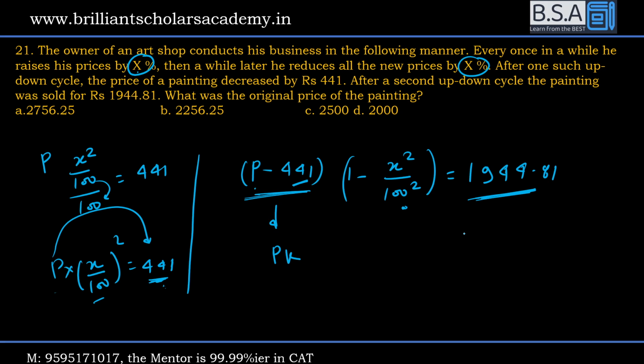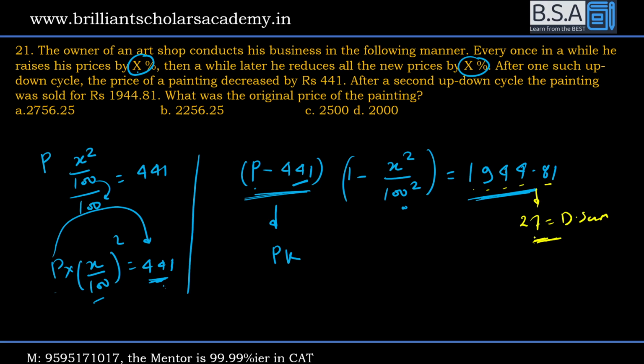The digit sum: 8 plus 1 is 9, 9 plus 4 is 13, plus 4 is 17, 17 plus 9 is 26, plus 1 is 27. 27 is the digit sum. That means the number is a multiple of 9. Now do you see the addition here also is 9?